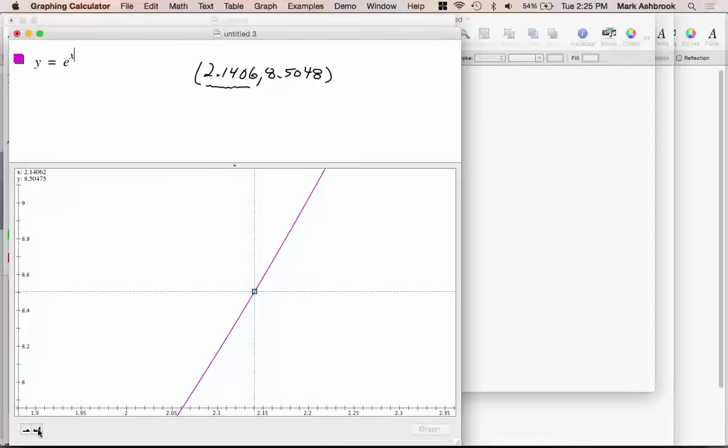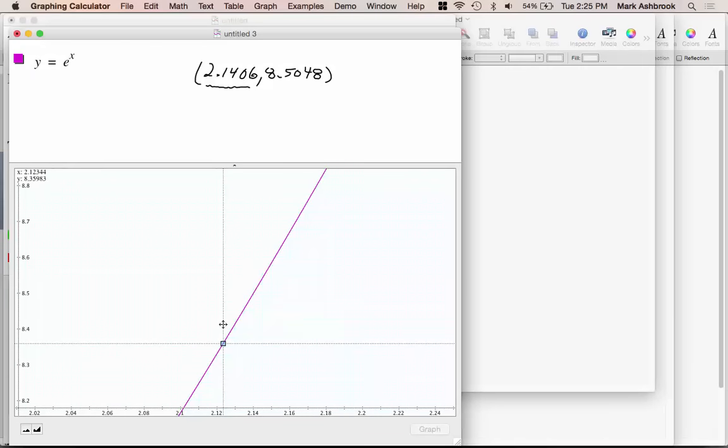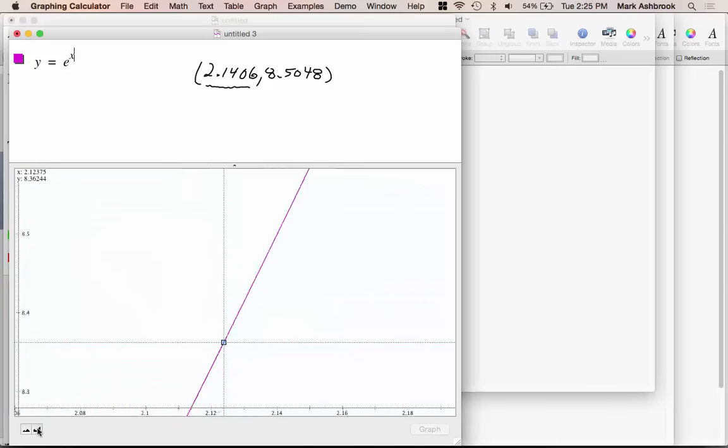So let's zoom in and show it. Quick, write this down. Let's make sure we're close enough here.